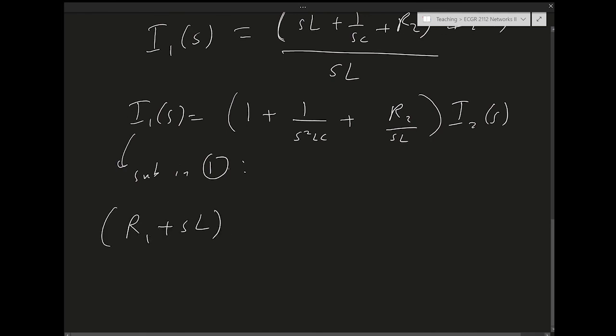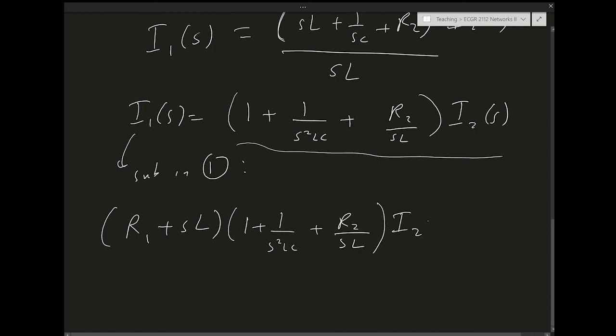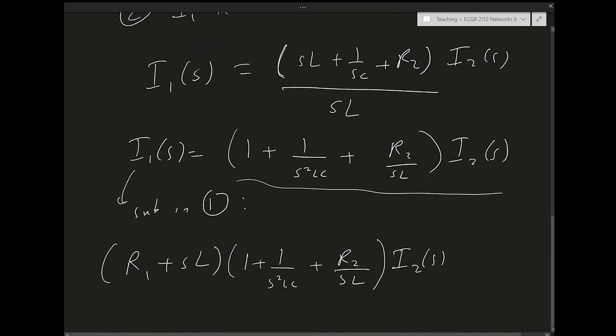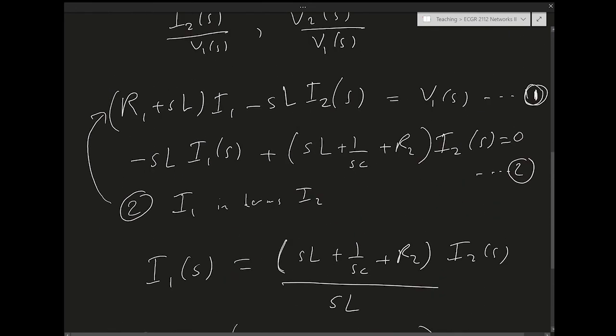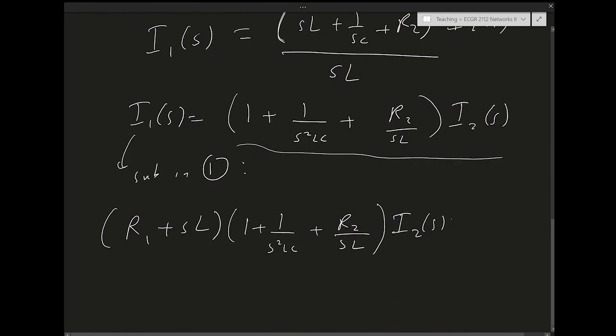And then instead of I1, I'm going to substitute this. So I'm going to end up with 1 plus 1 over S squared LC plus R2 over SL, times I2S, and then the rest of the equation is minus SL I2 minus SL I2S equals V1S.